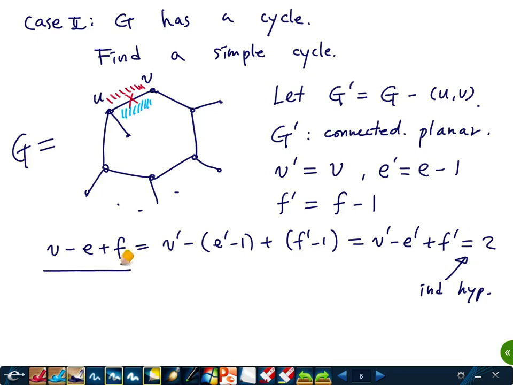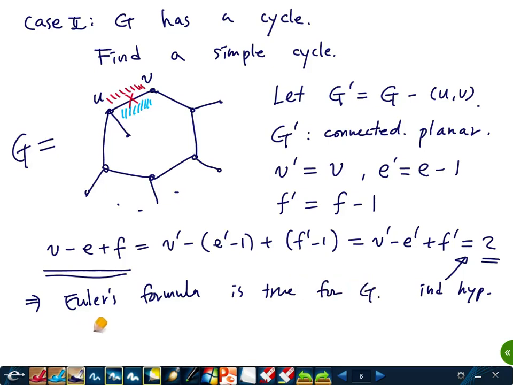And we just showed that Euler's formula still holds for G. So Euler's formula is true for G. And by induction, it's true for every graph, planar and connected.